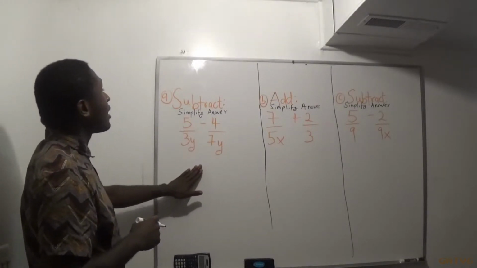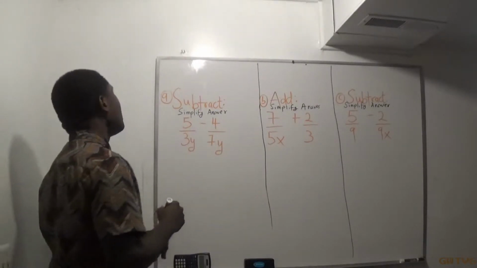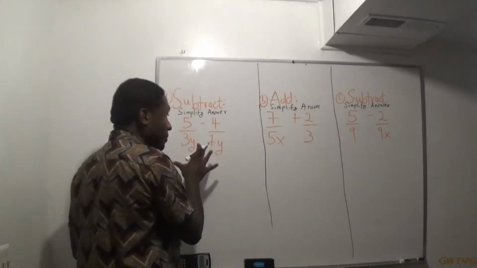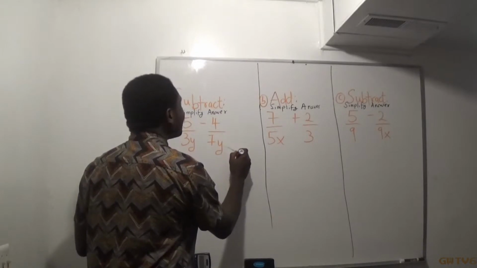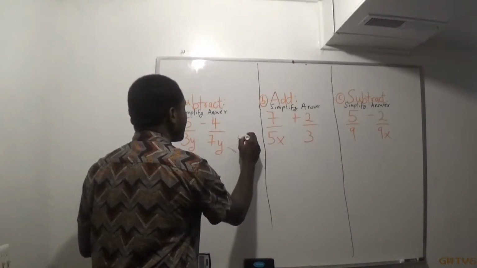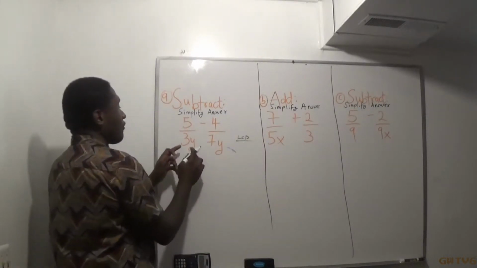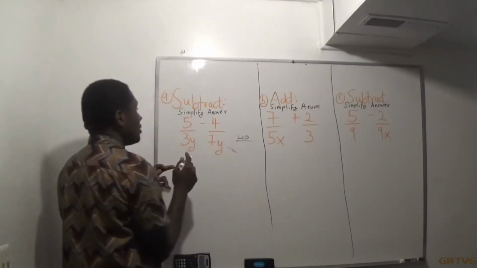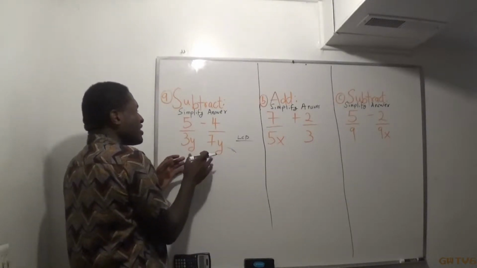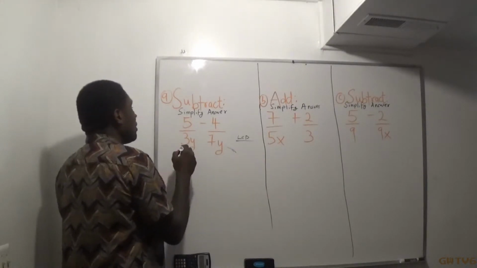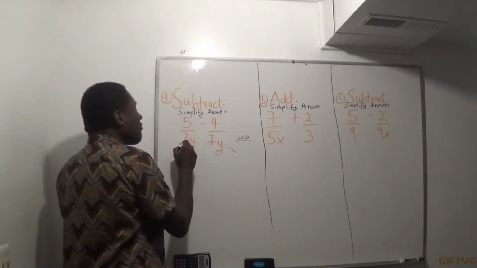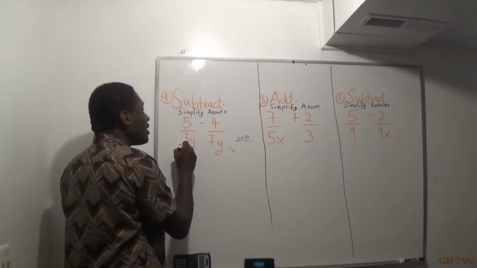And if the denominators are not the same, I have to make them the same by finding the LCD. So, LCD of 3y and 7y. Now, whenever I'm finding LCDs involving variables and numbers, I first have to find the LCD of the numbers in front.